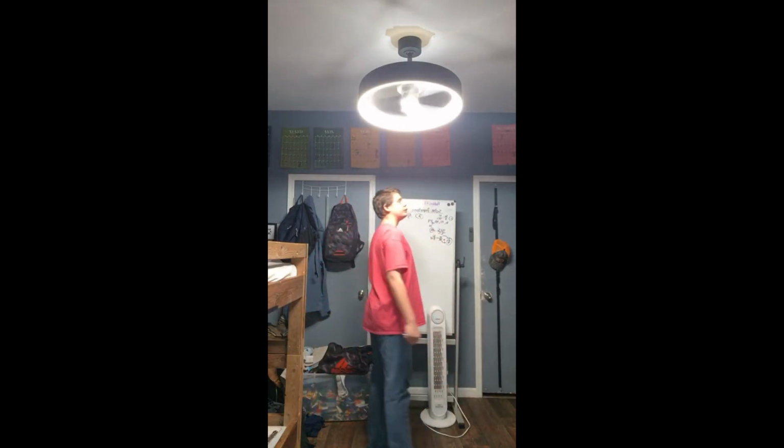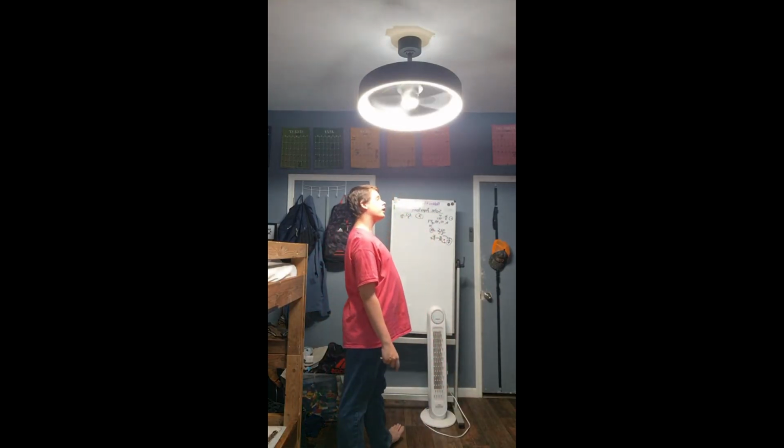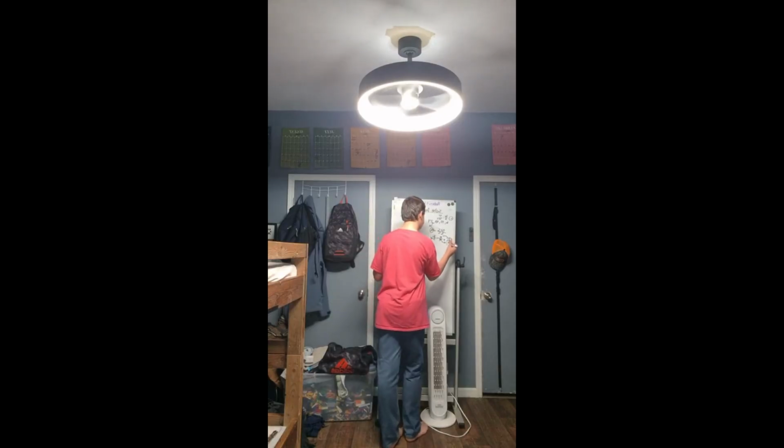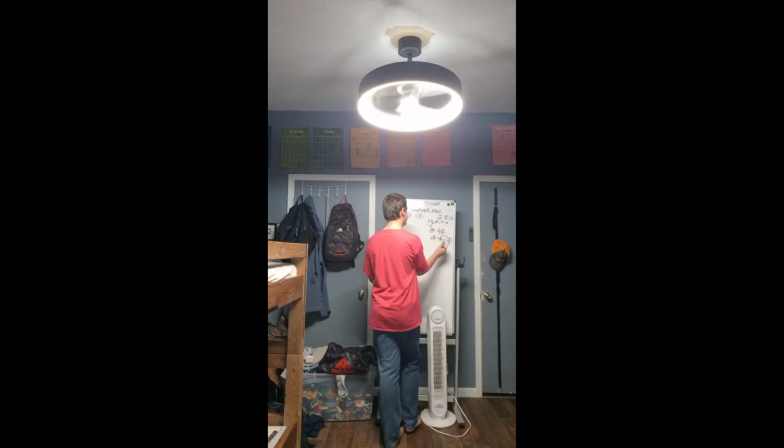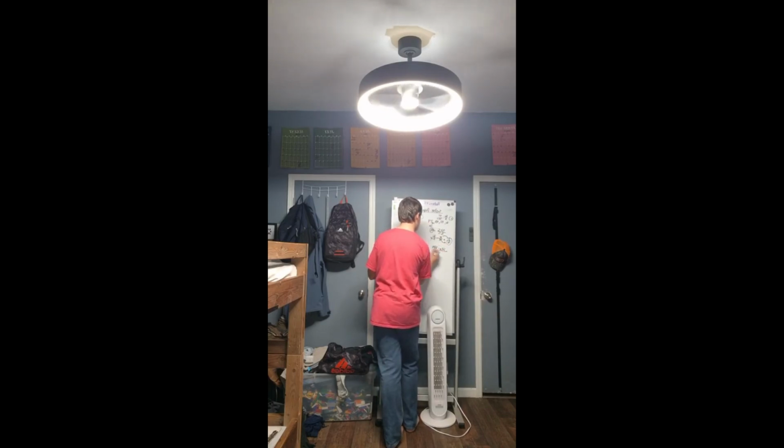Like if you don't, that's okay. So let's see. So we also have 21x. So we're going to cross multiply it, which is 21x equals 189. We divide both by 21, leaving x equals 9.